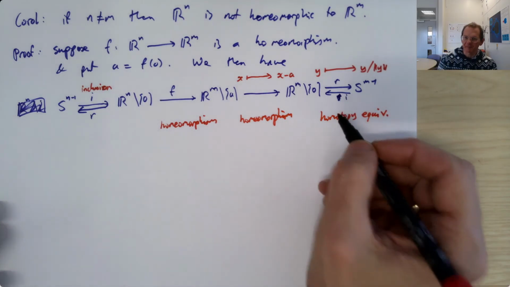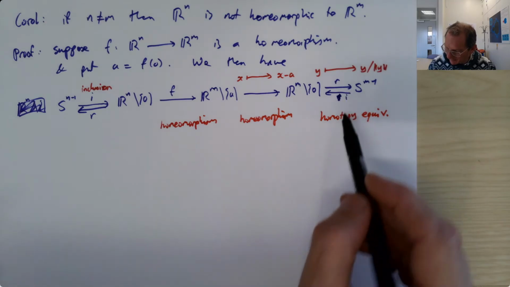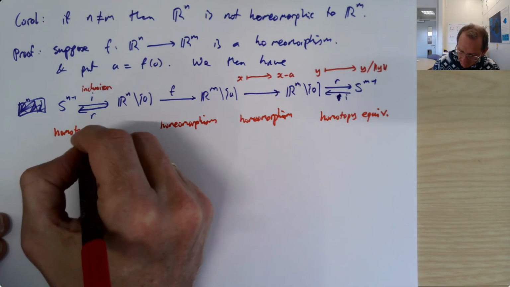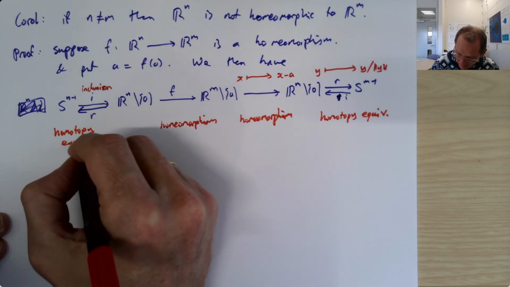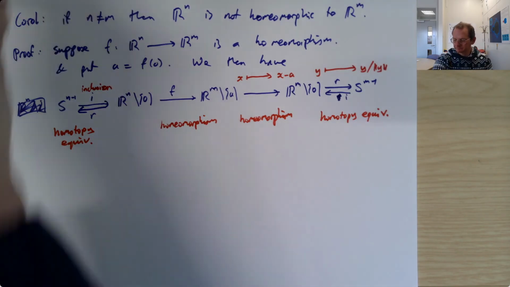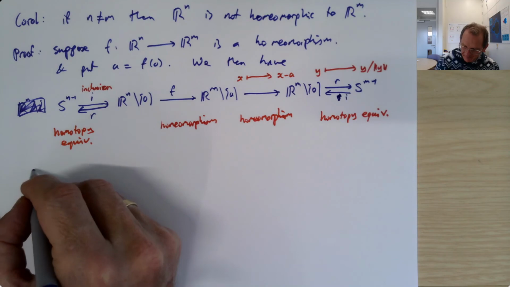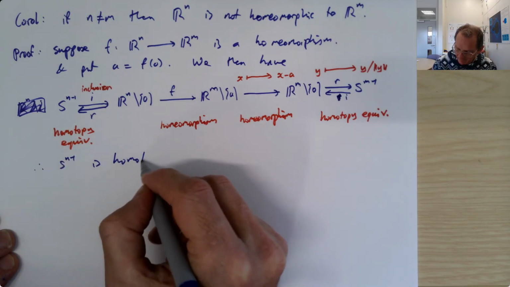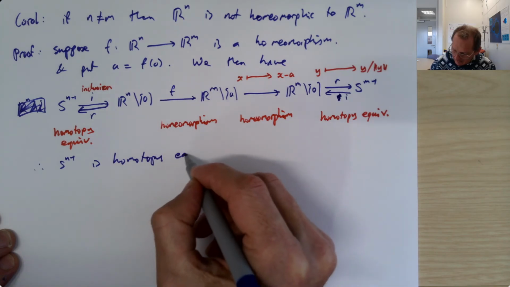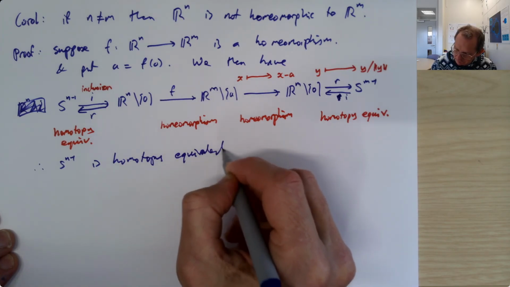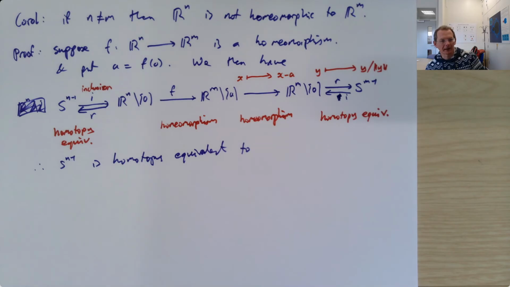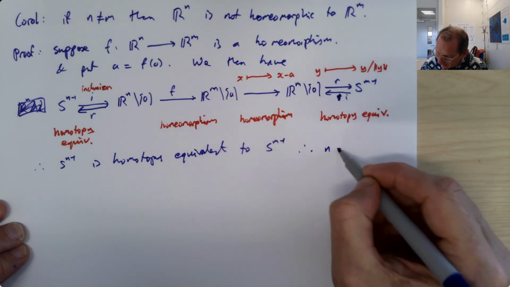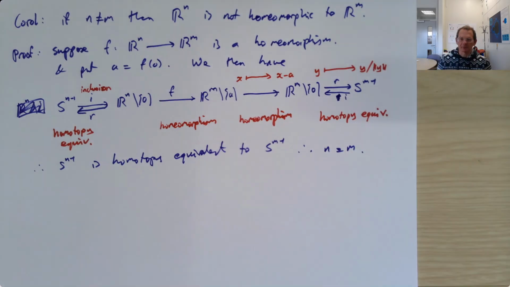And we've discussed this before: these maps here are homotopy equivalences, as are these here. So our conclusion is that S^(n-1) is homotopy equivalent to S^(m-1), and therefore n equals m.